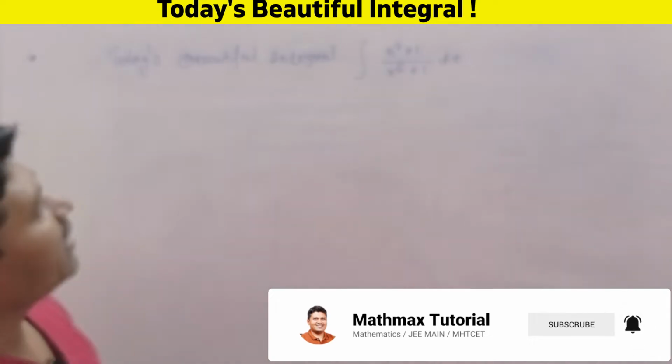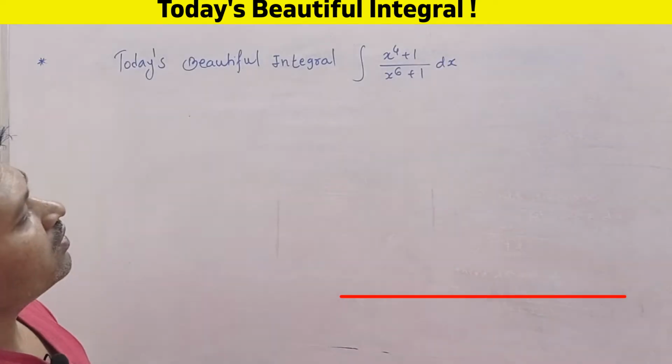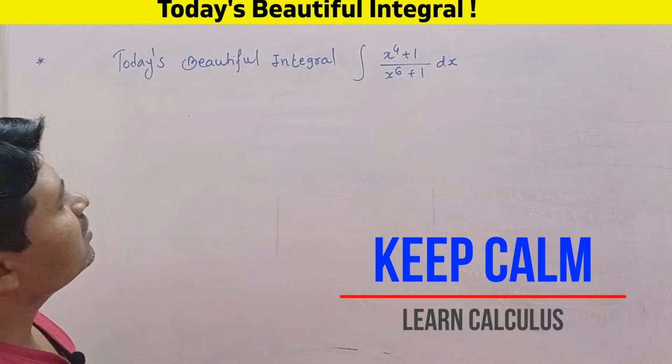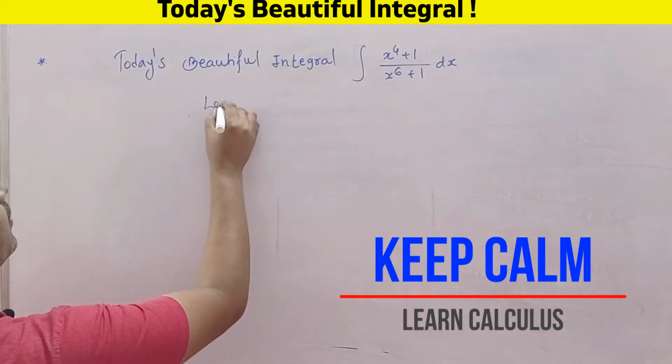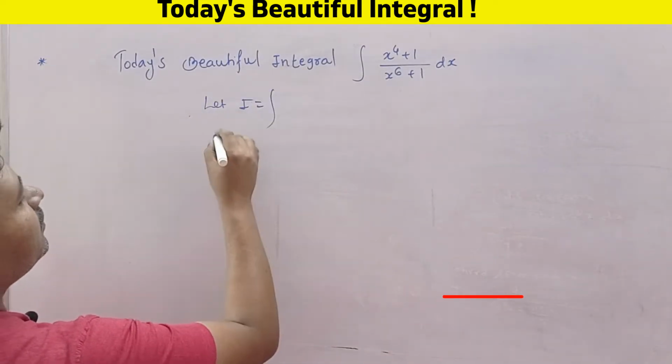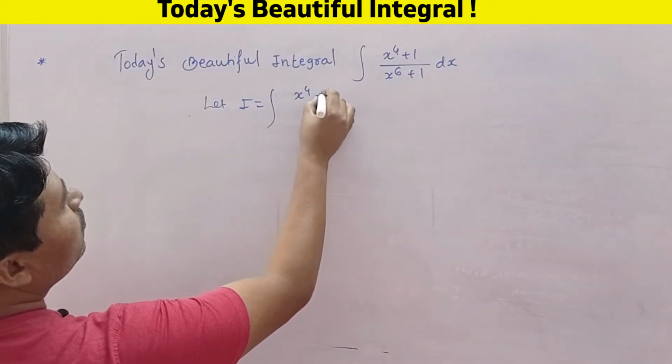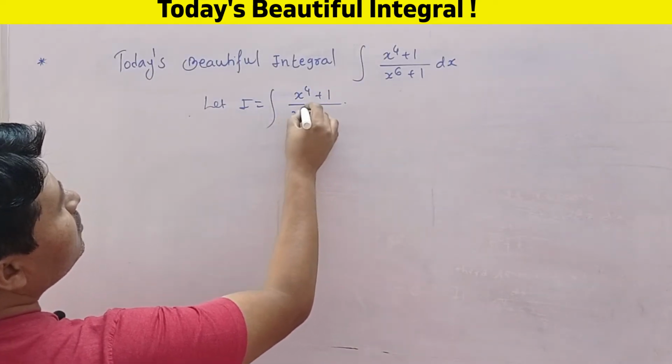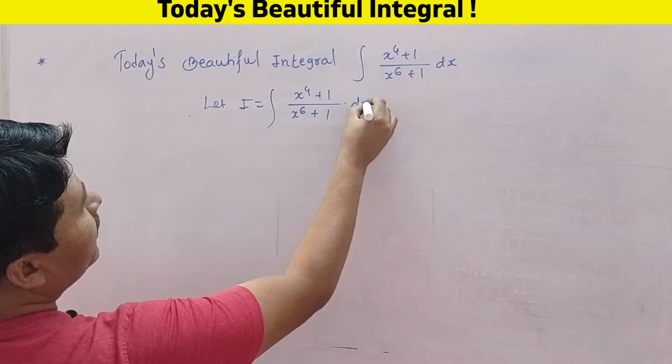What is the exact strategy for this integration? Let I denote the integral of (x^4 + 1) divided by (x^6 + 1) dx.